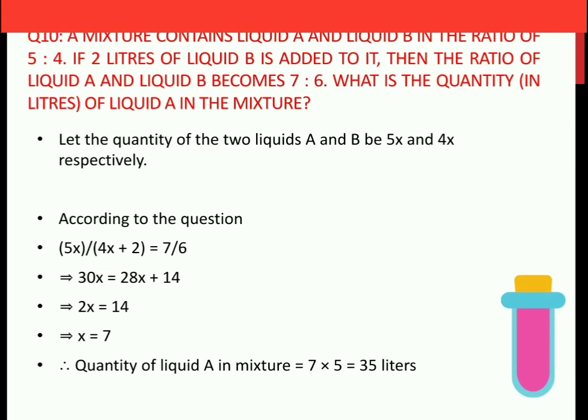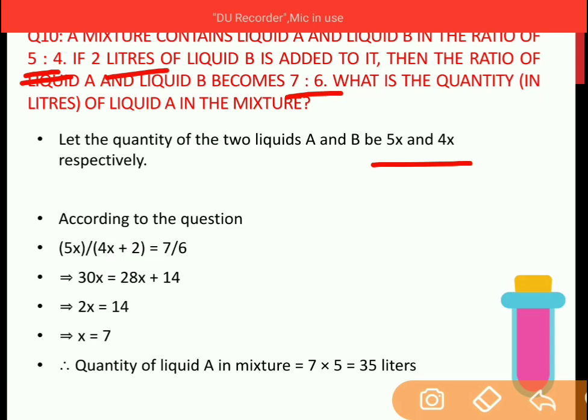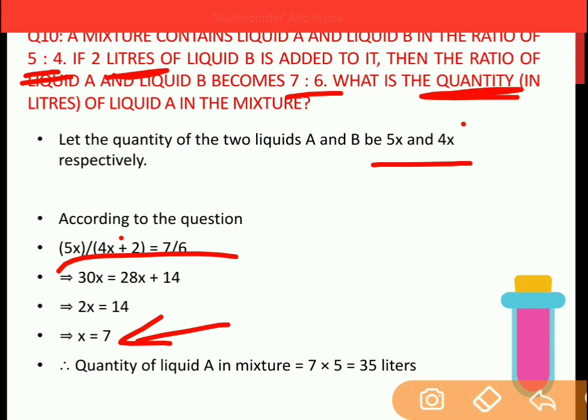So whenever two ratios are given, that is 5:4 and 7:6, then in the first ratio you can assume the quantity of A and B as 5x and 4x, and if you add 2 liters to B, then the new quantity of B will be 4x plus 2, and the new ratio becomes 7:6. From this new ratio we can find out the value of x. Then it has been asked what is the quantity of liquid A in the mixture. So the quantity of liquid A in the mixture is 5x, so 5 into 7 is nothing but 35 liters.